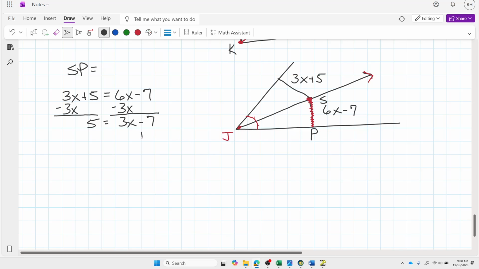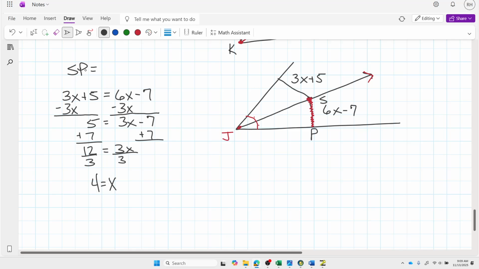And then add 7 to each side. 12 is equal to 3x. And divide each side by 3. And now 4 is equal to x, right?